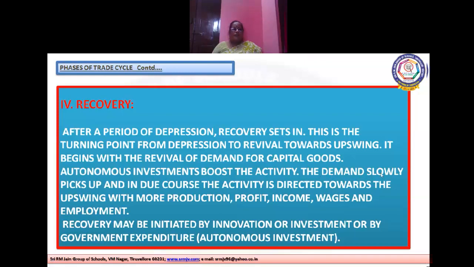The demand slowly picks up, and in due course, the activity is directed towards the upswing with more production, profit, income, wages, and employment, all recovering. Recovery may be initiated by innovation of investment or by government expenditure, which is called autonomous investment.